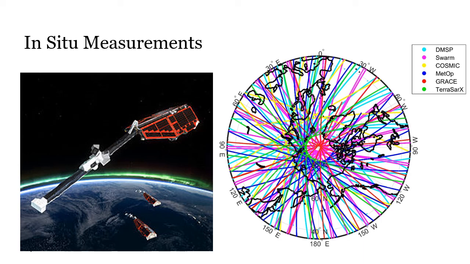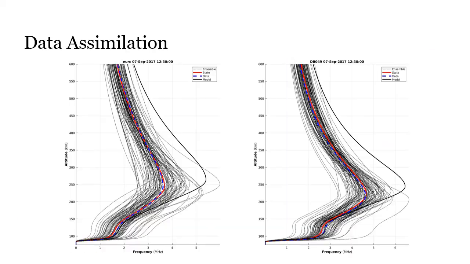You can see these measurements have great coverage across the oceans and at high latitudes that would really be a considerable aid to our representation of the ionosphere if we could have incorporated them into these empirical models.